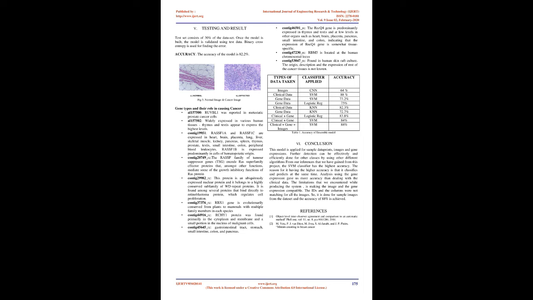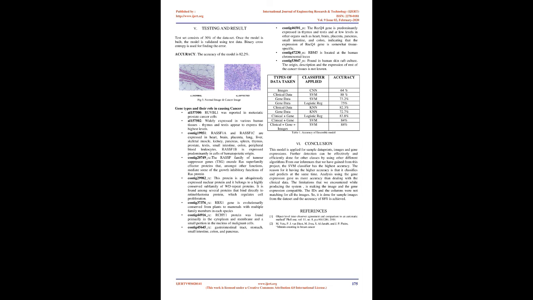Contig19951, RASF1A and RASF1C are expressed in heart, brain, placenta, lung, liver, skeletal muscle, kidney, pancreas, spleen, thymus, prostate, testis, small intestine, colon, peripheral blood leukocytes. RASF1B is expressed predominantly in cells of hematopoietic origin.